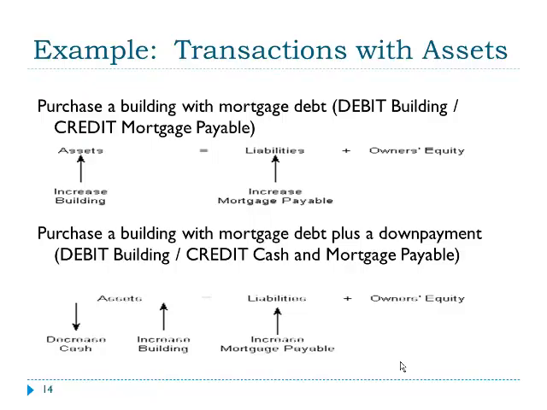The increase in building is the definition of a debit, increase in an asset, and the increase in the mortgage payable is the credit. So the two credits, decrease in cash, increase in mortgage payable, have to add up to the exact same amount as the increase in the building. I think that makes perfect sense to you.